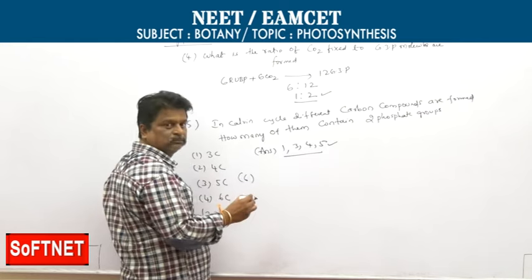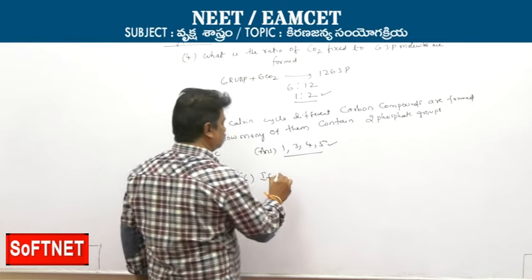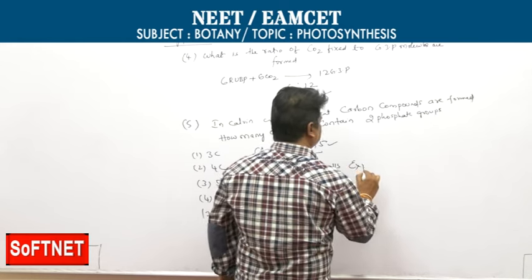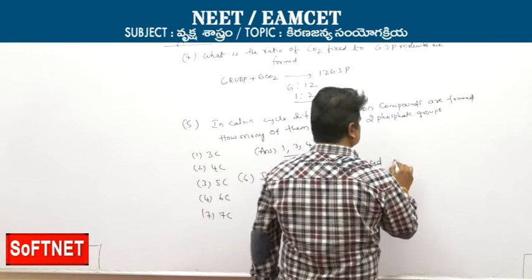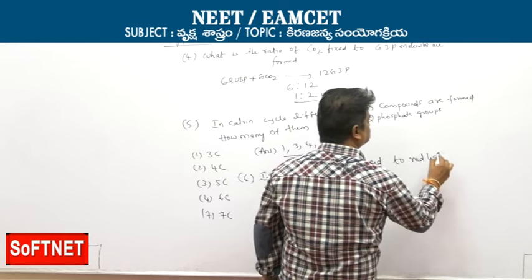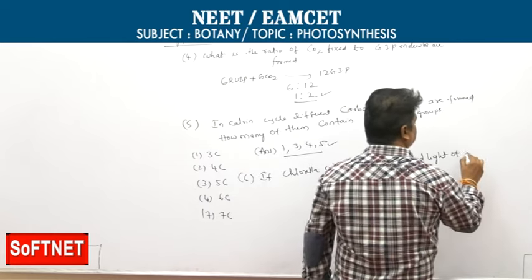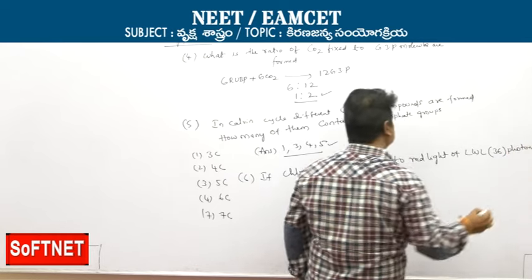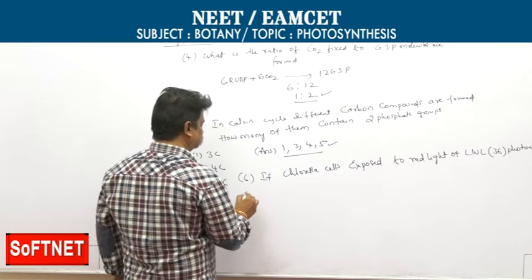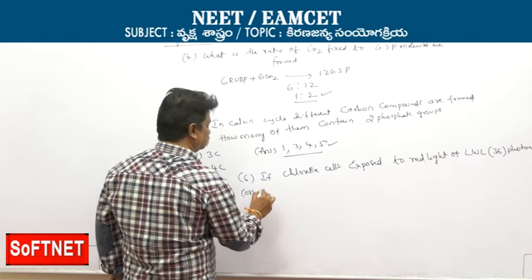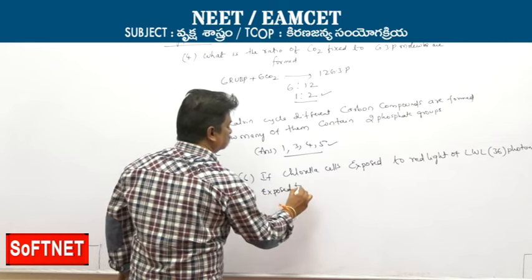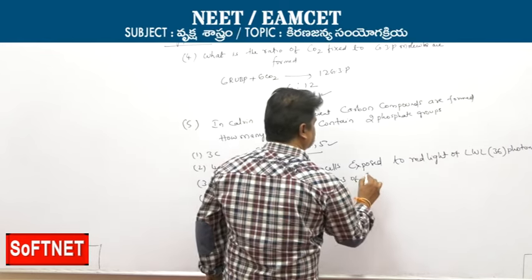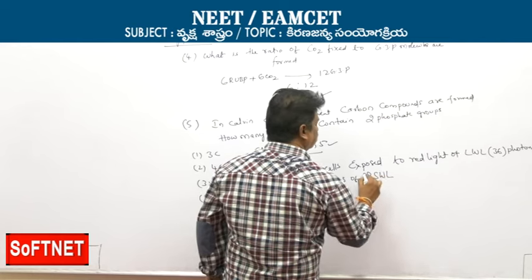Next question. If Chlorella cells are exposed to red light of longer wavelength, 36 photons, followed by or simultaneously exposed to 20 photons of red light of shorter wavelength.